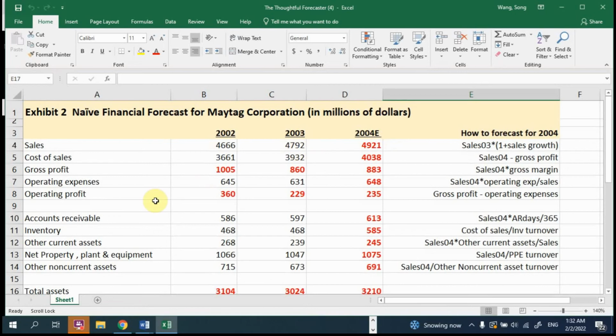So it's not just basic financial statements, it's really about forecasting. For example, here is our past 2 years, 2002 and 2003. I know it has been about 20 years, but that's how the textbook gives us.